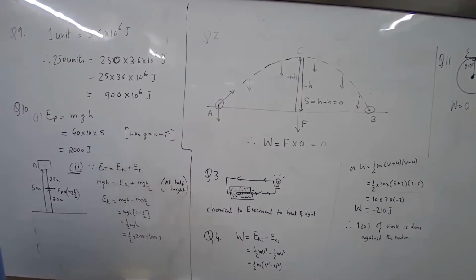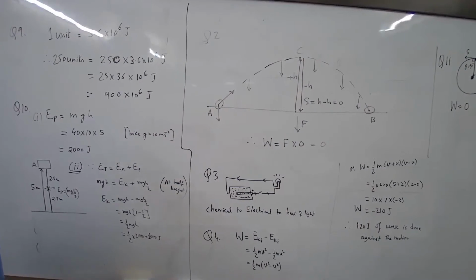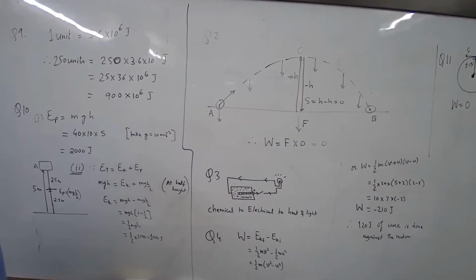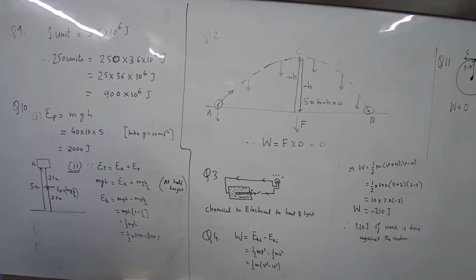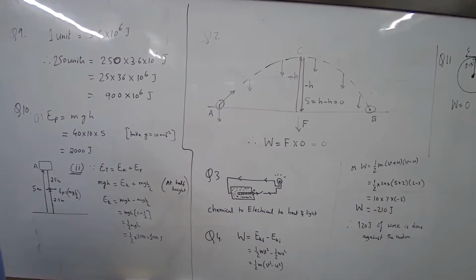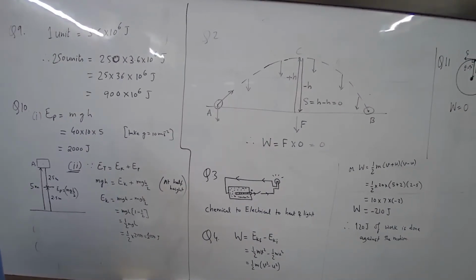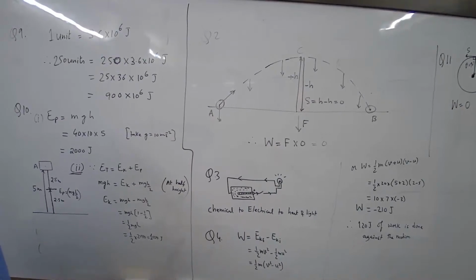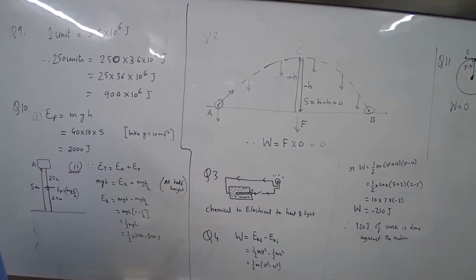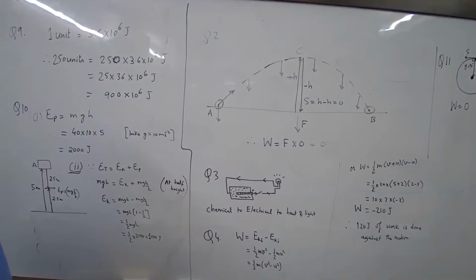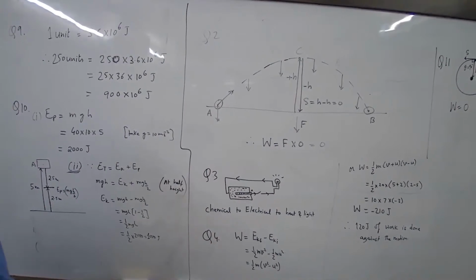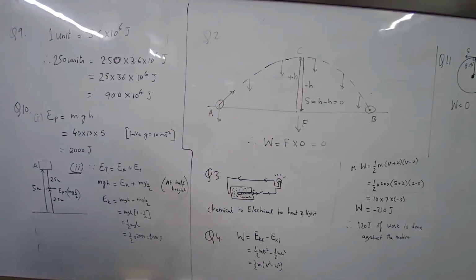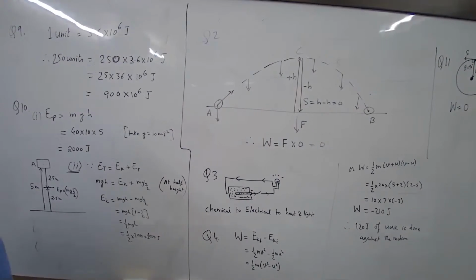What's the question? Can there be displacement of an object in the absence of any force acting on it? Answer is yes. Justify: during uniform motion. Keep it simple. The question is in two parts. Can there be displacement in the absence of force? Yes, there can be, when the object is undergoing uniform motion, meaning its velocity is not changing.